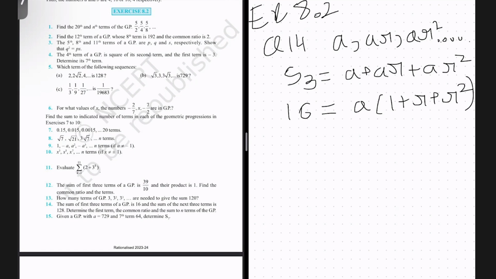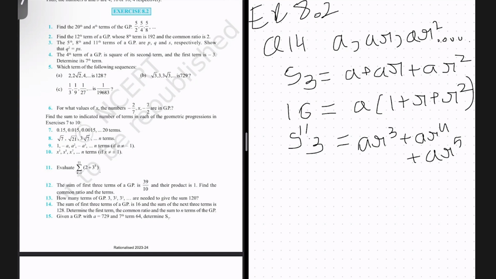Now the sum of the next 3 terms, let us denote that by S double dash of 3, right? I cannot say that is S of 6 because the first 3 terms are not considered. So the sum of the next 3 terms is going to be ar cube plus ar to the power 4 plus ar to the power 5, right? This is the sum of the next 3 terms.